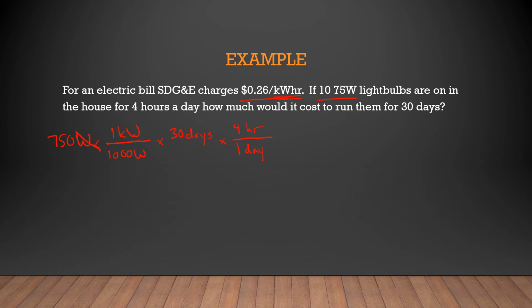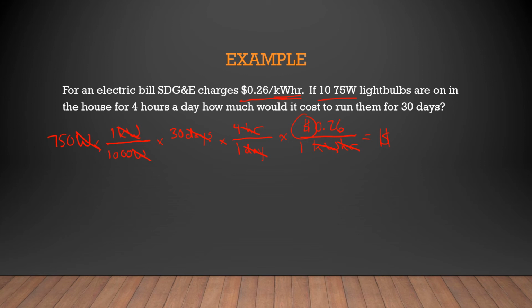So we have watts gone, days gone. We have kilowatt times hours on the top. So let's get our 1 kilowatt hour on the bottom. And on top, we know 1 kilowatt hour costs me 26 cents. This is again equivalent to 1. The 26 cents is the cost for 1 kilowatt hour. From there, we can cancel out kilowatts, cancel out hours, and the only unit we're left with is dollars.